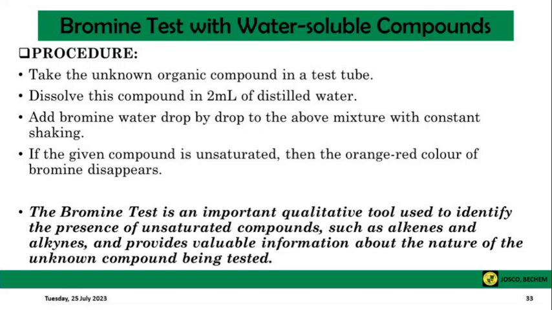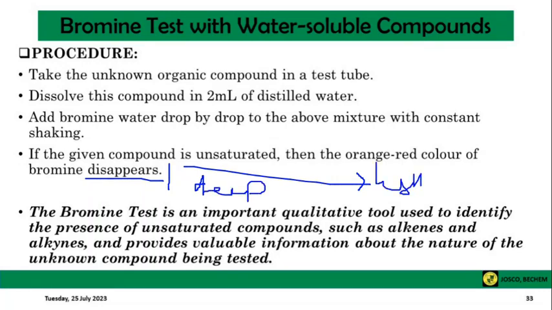If the compound contains unsaturation, that is, it is an unsaturated organic compound, then decolorization happens. In other words, your color would disappear or become lighter, moving from deep to light color. Very good.